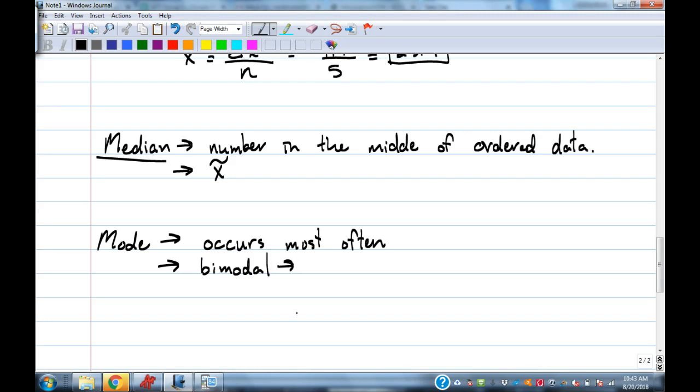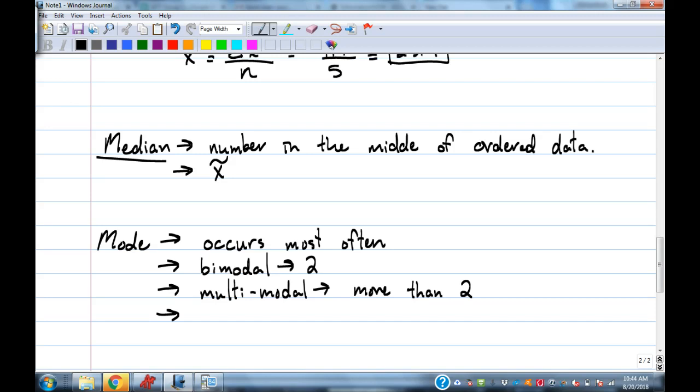What does bimodal mean? How many modes are there? 2. Okay. And then we'll call it multimodal. You could have 3 modes.